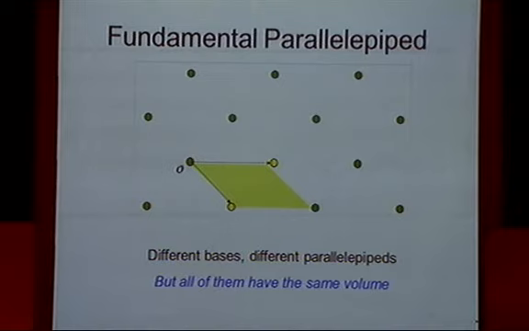That sounds kind of terrible, right? Because the lattice can have infinitely many bases. So which parallelepiped should I be talking about? The nice thing is that all of these parallelepipeds have the same volume, the same area. It's not very obvious.